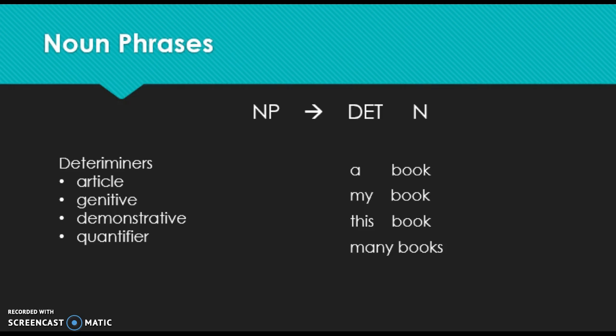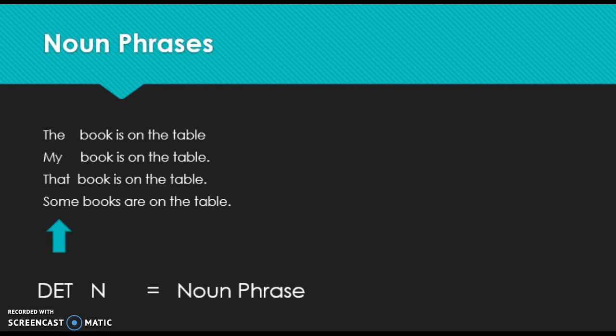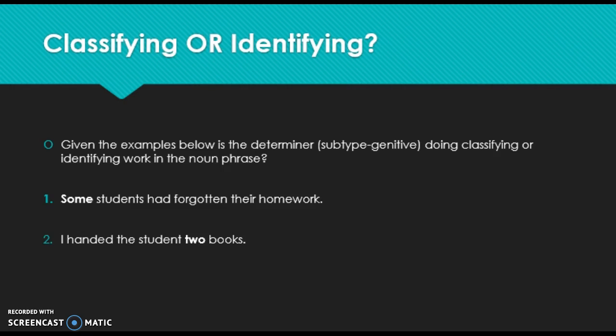So we have this overarching label of determiner that highlights the similarities of these and how they work in the sentence. All of these work as determiners. They're all doing the same kind of work.